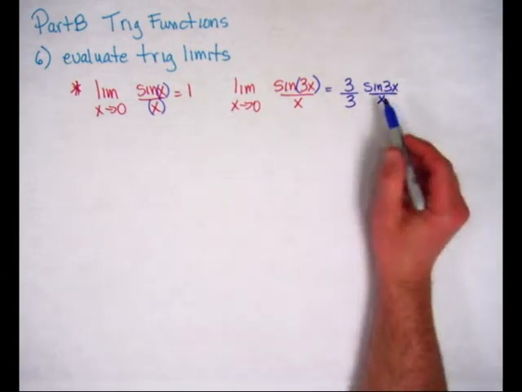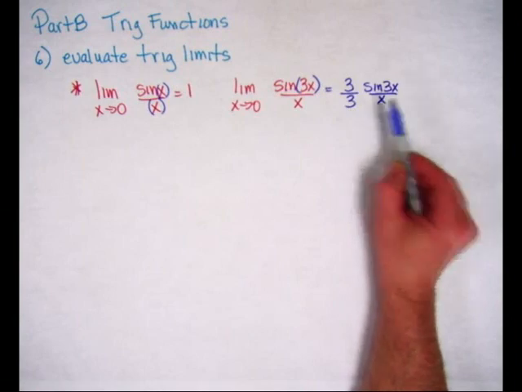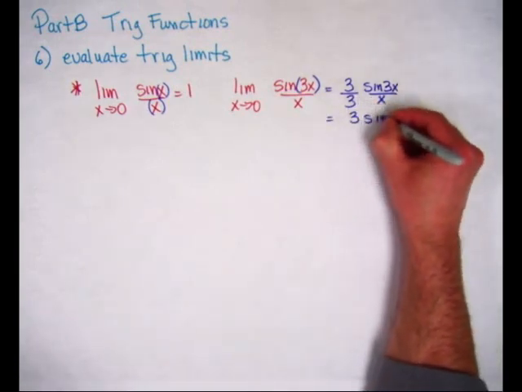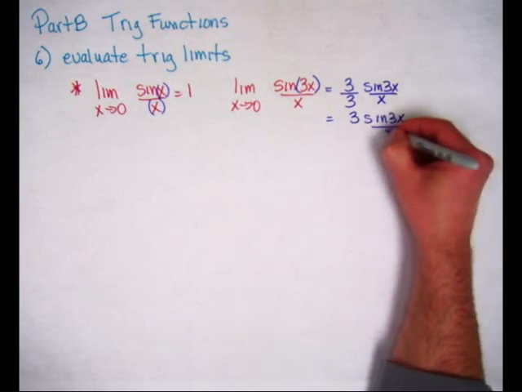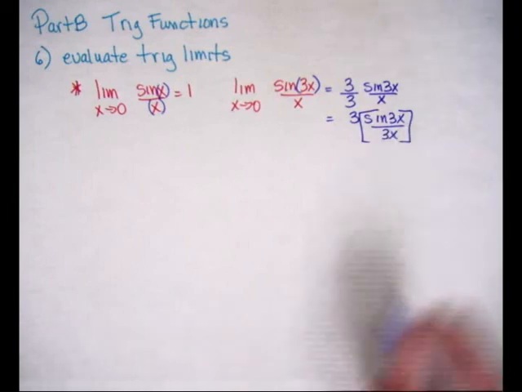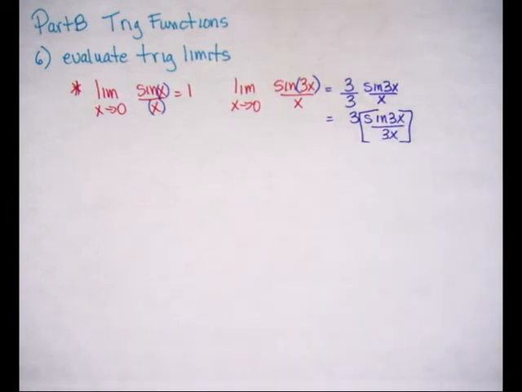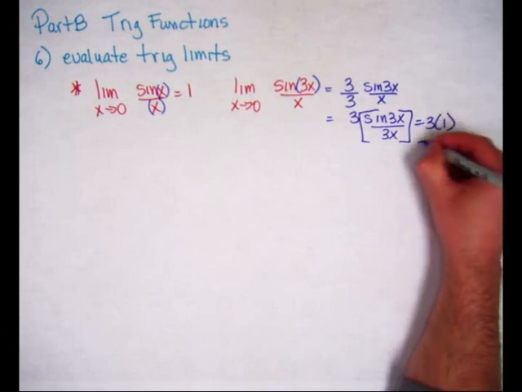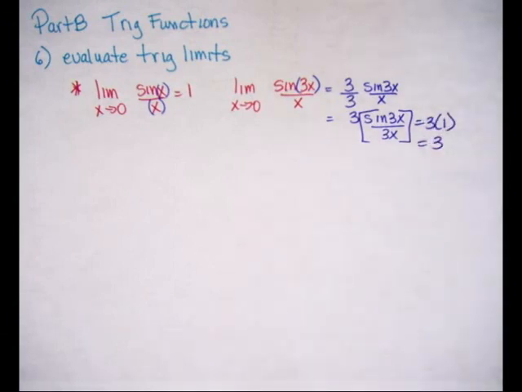And of course, now that I've done that, I can take this 3 in the bottom and combine it with the x. So now we're going to have 3 sine 3x over 3x. And then this part right here is now our fundamental trig limit. So the answer is just going to be 3 times 1, or 3.